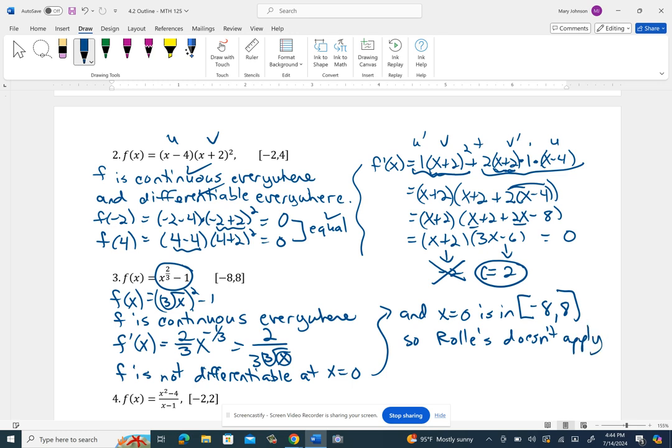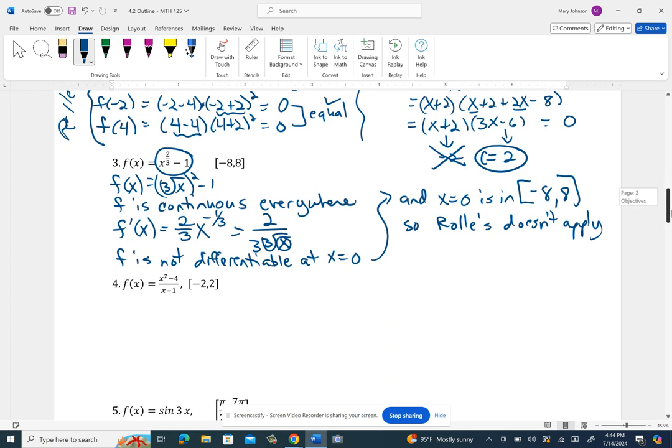Okay, so these conditions that I'm checking over here are telling me that Rolle's applies. All right, so we don't go any further.